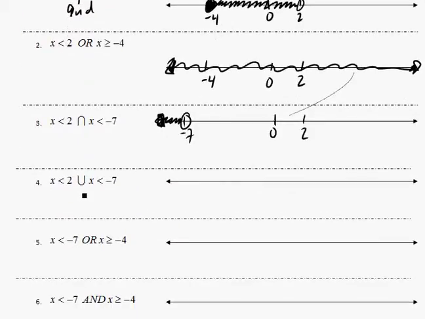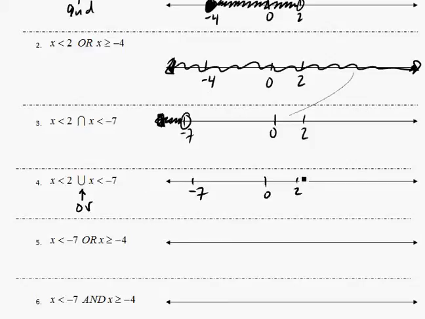Number 4 uses this symbol, which is what we call the union symbol. The union of two sets means you want to take all of the values of x that make either of these inequalities true. So we can translate this using the word OR. So if I place 2 and -7 on the number line, we want all of the numbers that are either less than 2 or less than -7.